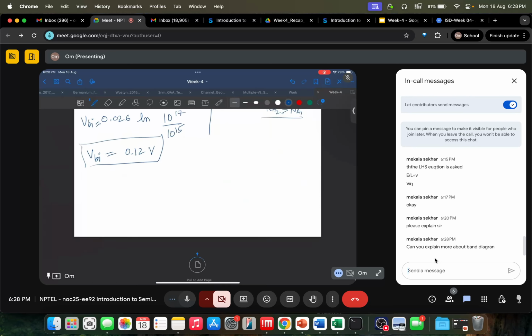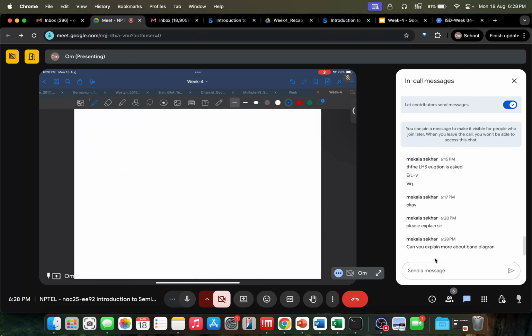Okay, so band diagram is simple. We've seen this before also, right? Let's say we have a PN junction. So here doping is Na, here doping is Nd. So in the band diagram, let's first draw EF. Fermi level in equilibrium is a constant line. Now in P side, if doping is Na, then EF is closer to EV.